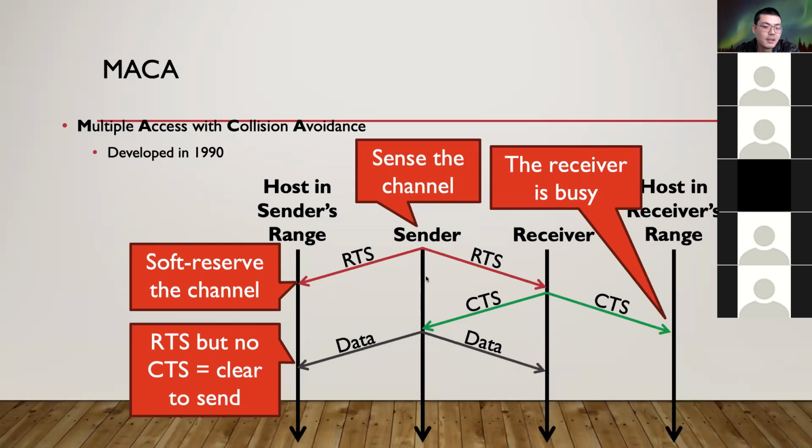Hopefully, if it's also within the receiver's range, it gets a CTS, which means I truly cannot send, because the sender is sending to the receiver. But unfortunately, this host is not within the receiver's range, so it will never receive a CTS. That's why we say this is a soft reserved channel.